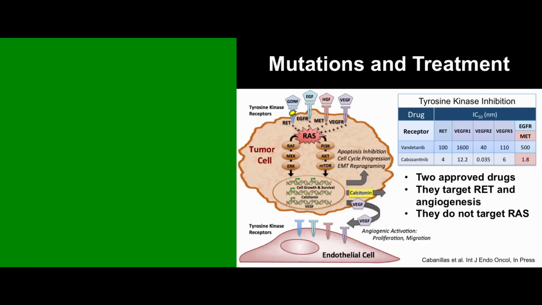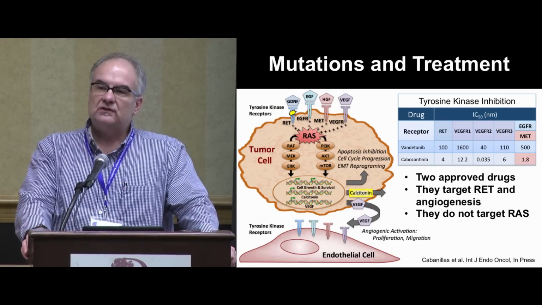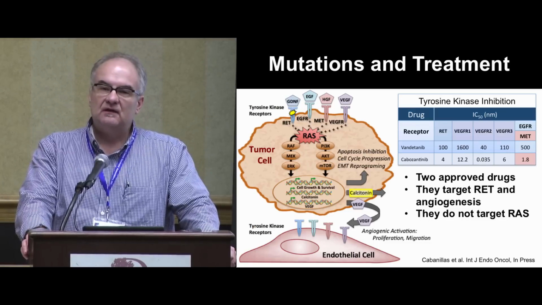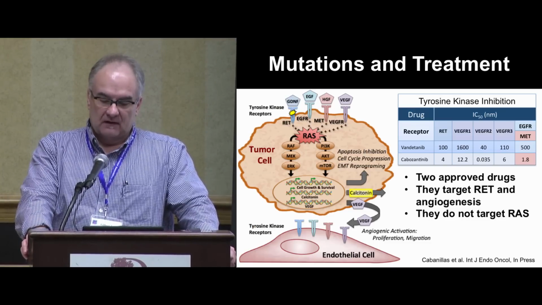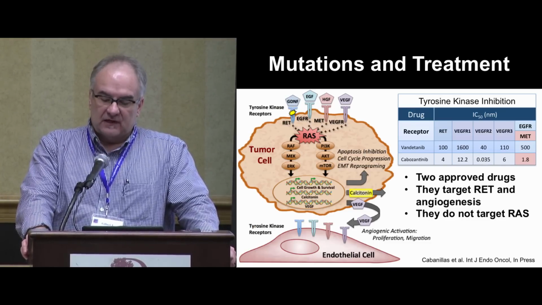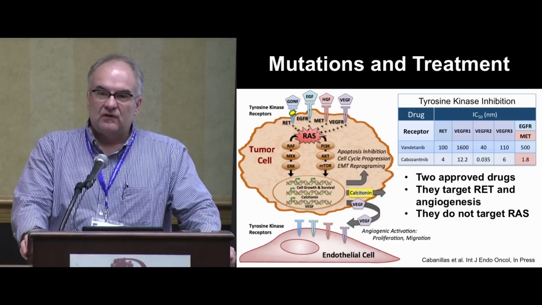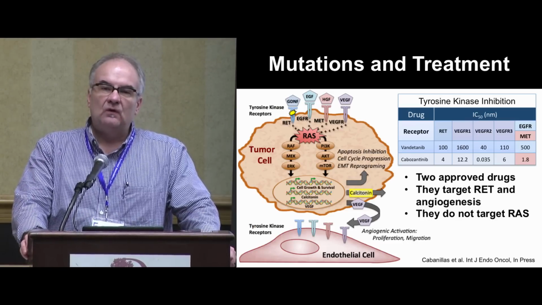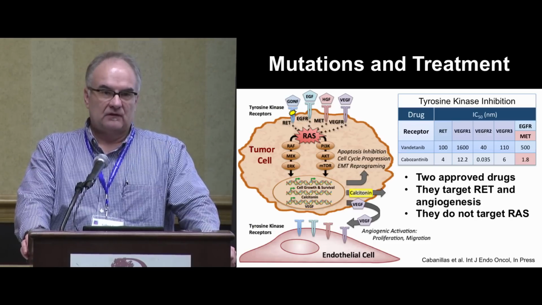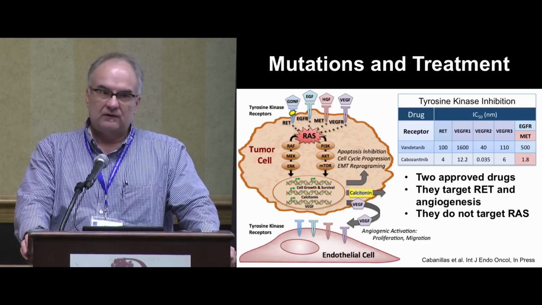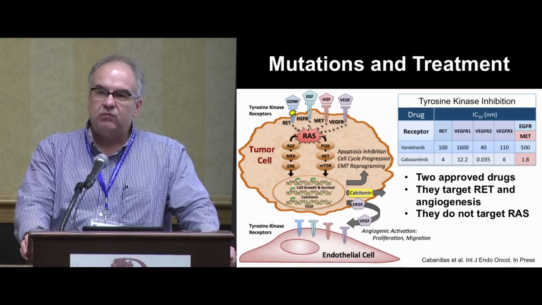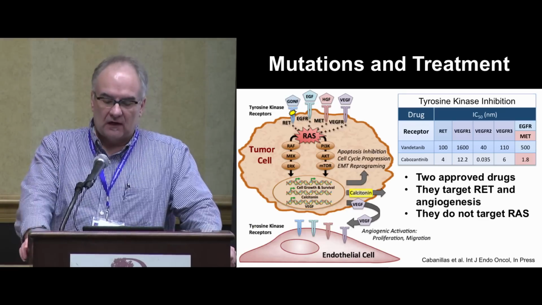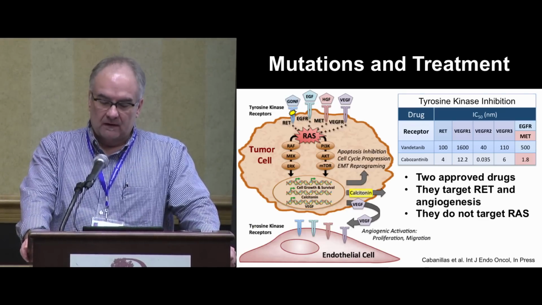The number in the box is the efficiency at which those drugs act to inhibit those other receptors. The VEGF receptors, those receptors play a critical role in blood vessel development. So we know that if you're taking either one of these 2 drugs, you're actually also inhibiting angiogenesis, one of those important factors required for cells to grow.